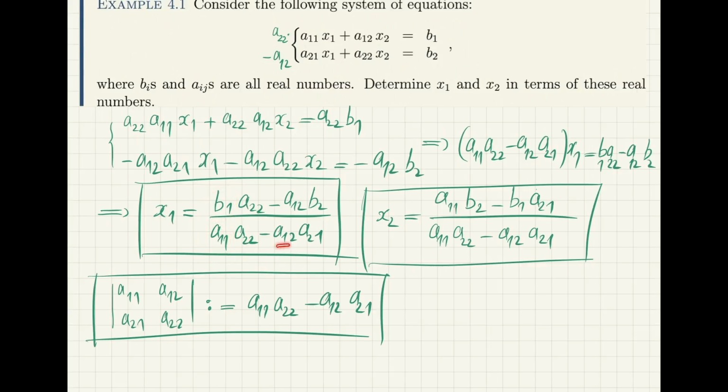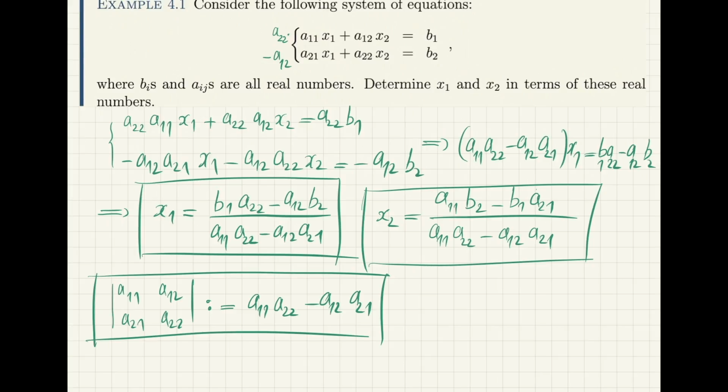Now let us go to the second terms and compare them. a12 is the same, but a21 has been replaced by b2. So what does it mean? It means that the numerator also can be expressed as a 2 by 2 determinant.